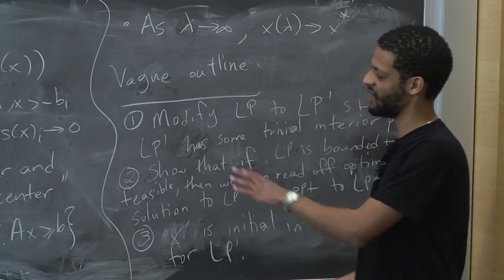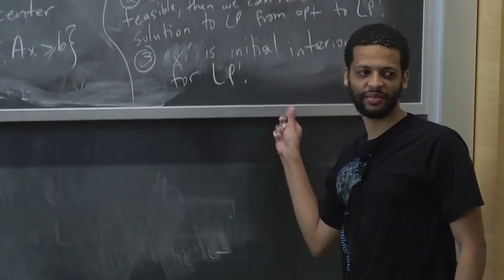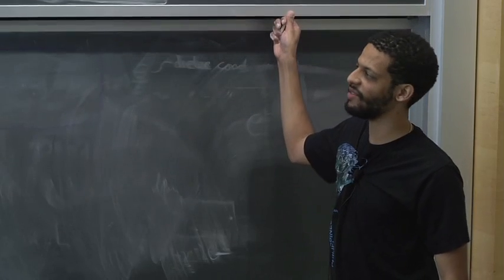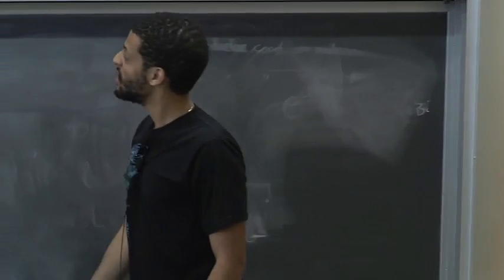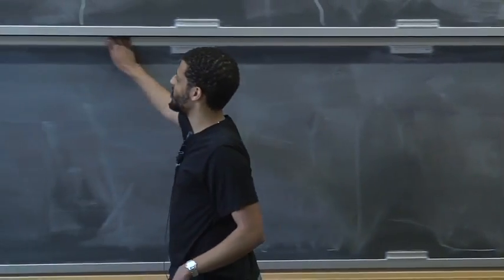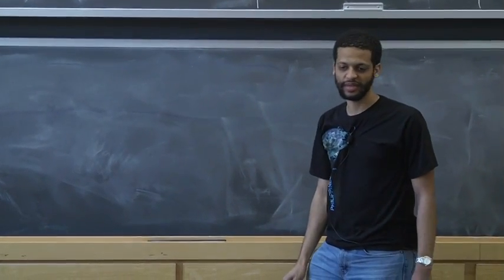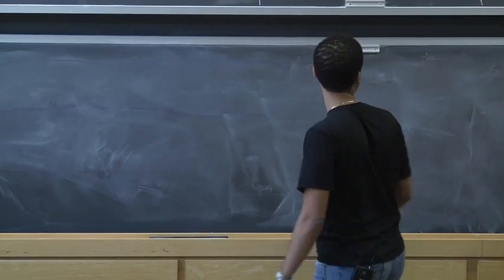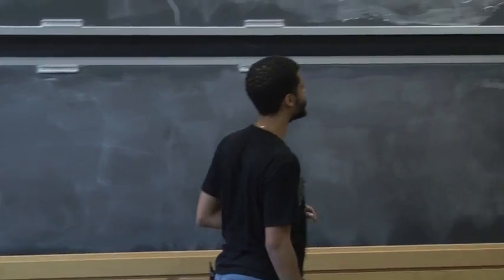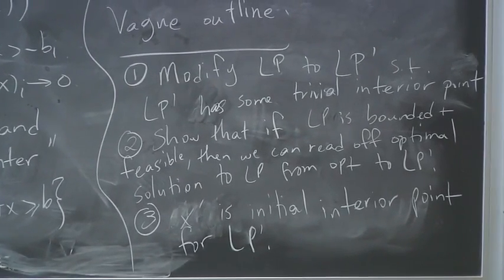Everything I'm writing here is the vague outline. I will start being a little more specific right after I write this. I didn't tell you how we do this modification, but I'll tell you later. Let's say that it suffices to optimize LP prime instead.